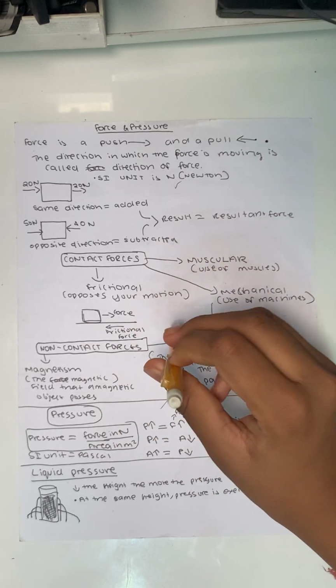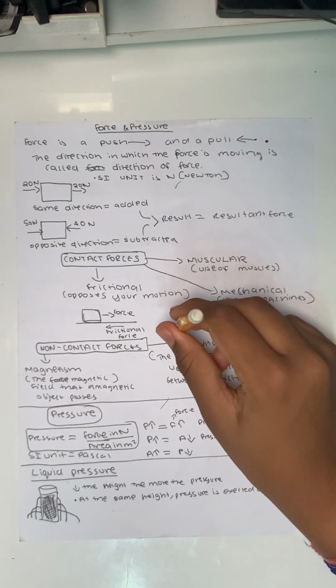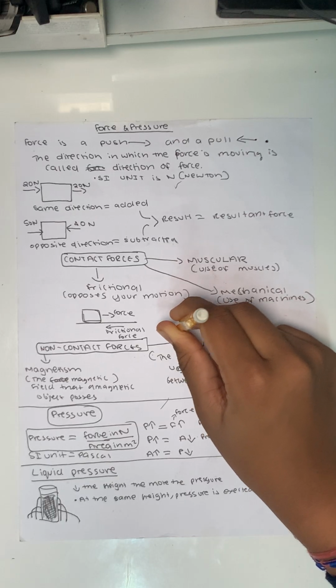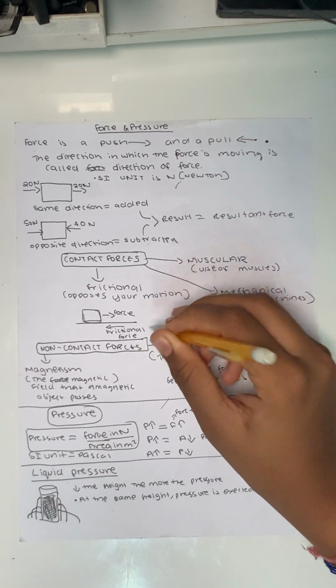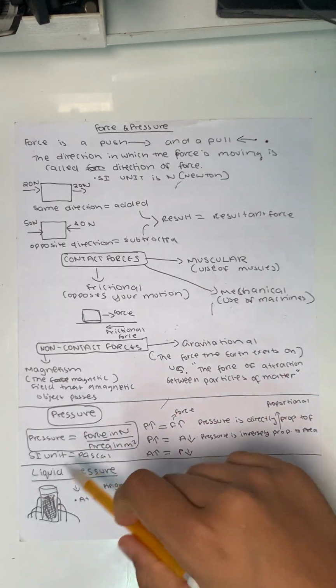The total pressure applied on this place will be known as 1 pascal, and the pascal is the SI unit for pressure.